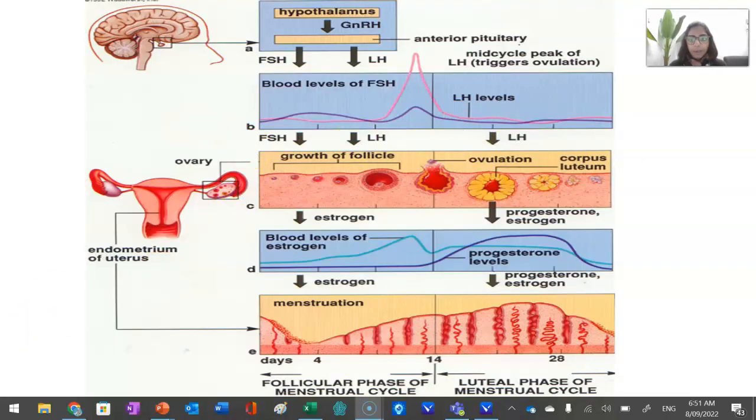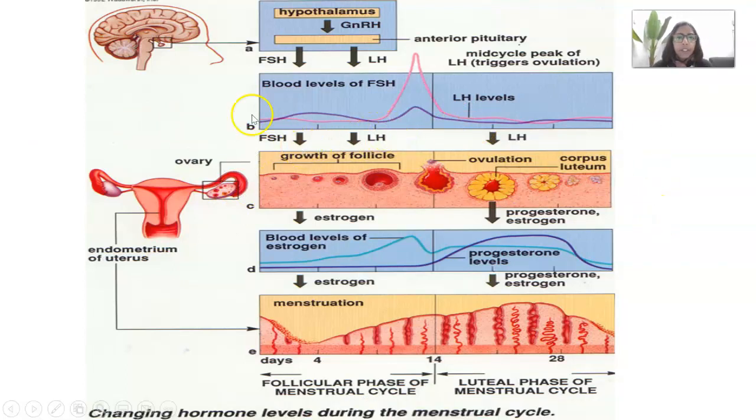Okay, so here's a summary of what we have just been discussing. So again, we start off with the pituitary gland here, shown in this little box. The pituitary gland secretes follicle stimulating hormone and luteinizing hormone. We can see that in the follicular phase, FSH, represented by this purple line, increases in concentration, and that directly attributes to the growth of the follicle surrounding the oocytes.